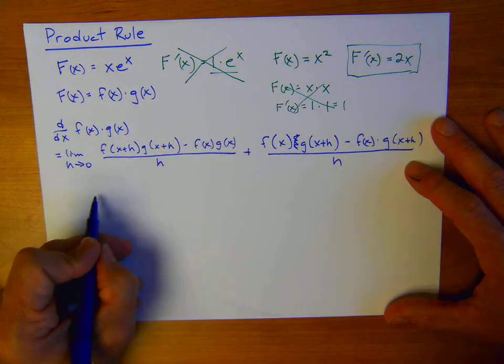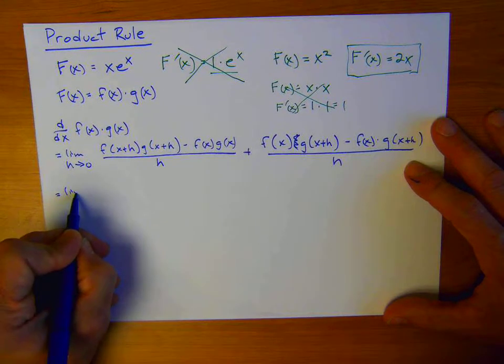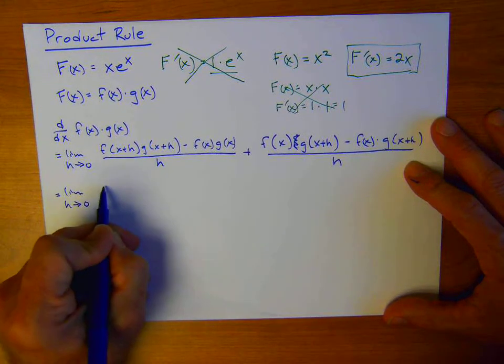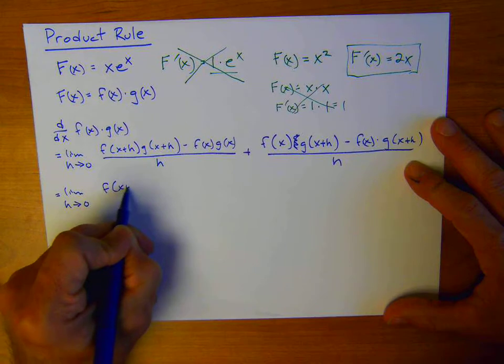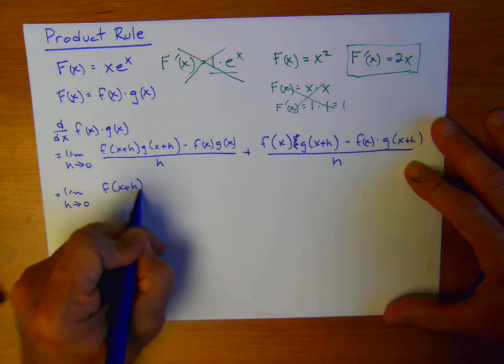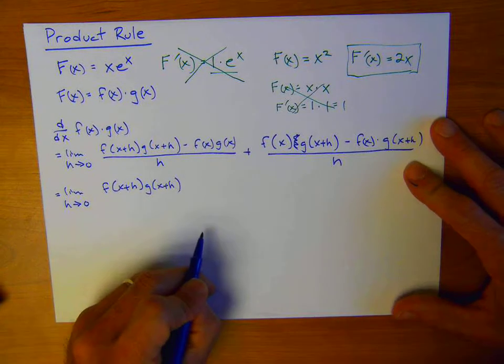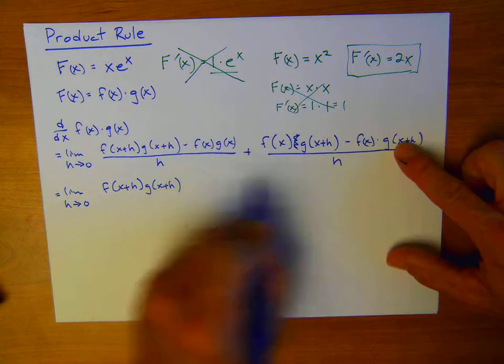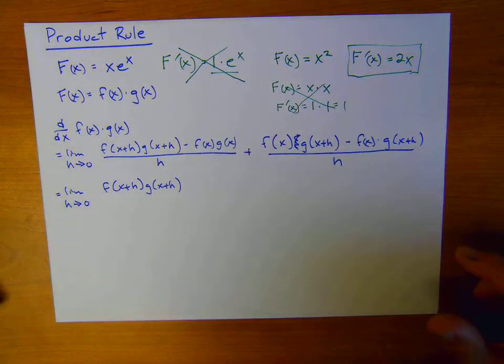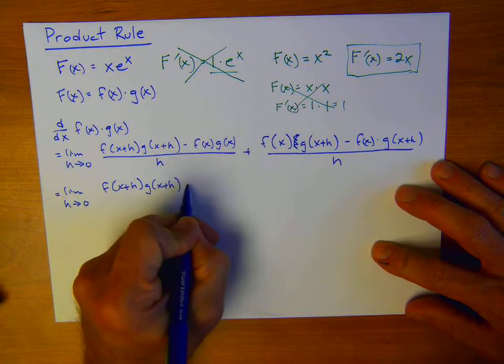And what I'm actually going to do is rewrite this. So I have limit as h goes to 0. I'm going to keep this first part out front, f of x plus h times g of x plus h. Now I'll go ahead and write it first and then we'll see where things came from.